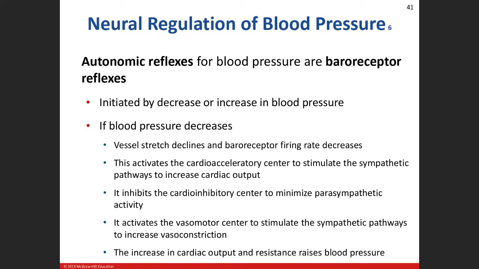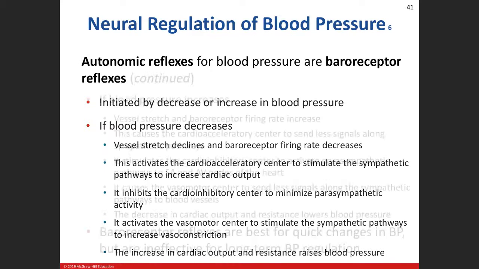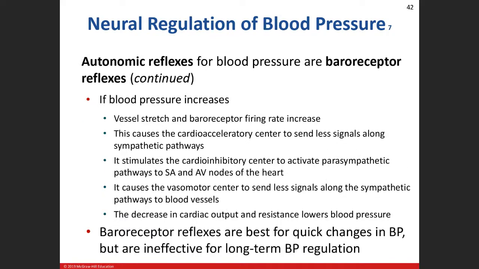Okay? All right. Let me just wrap up and do what happens when blood pressure increases. Okay, so now our blood pressure is going to increase. You start working out, doing whatever. So the more our blood pressure increases, the greater the stretch on the blood vessel wall, and the baroreceptors will increase their firing rate.